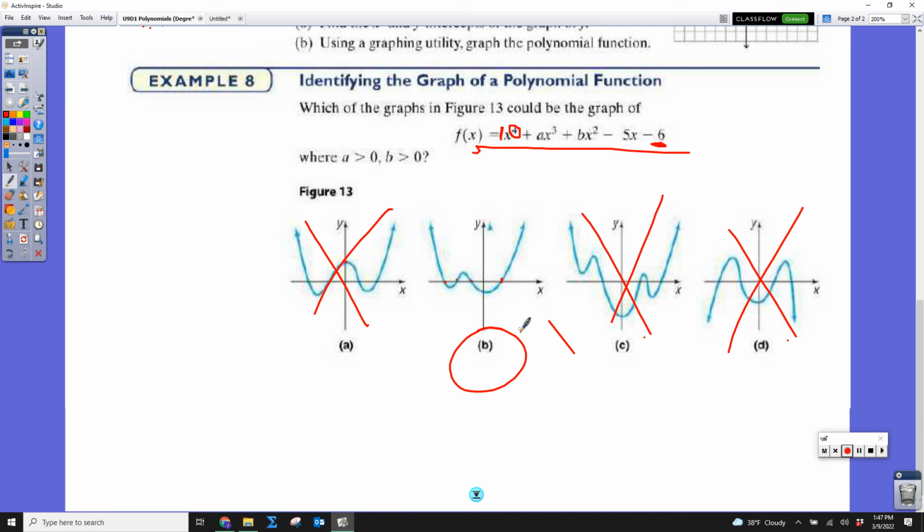Now you could have 3 zeros, or 2 zeros, or 1, or even none. Going back to a very simple one, if you had y equals x squared, that would just be touching the x-axis one time, so that'd be 1 zero. But if we add 3 to it, now it's going to shift that graph up, something like this, and now we have no zeros.